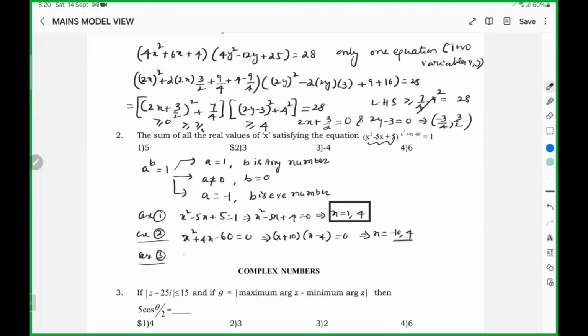Case 3, x square minus 5x plus 5 is minus 1. So x square minus 5x plus 6 is 0, 2 comma 3. For these values of x, b must be even. B in the sense power.